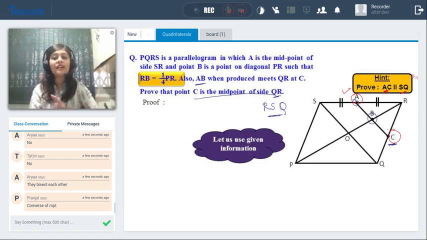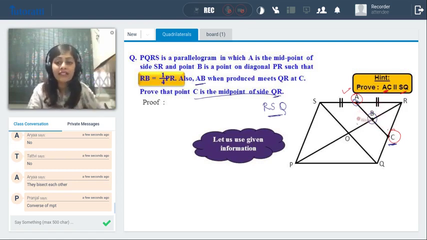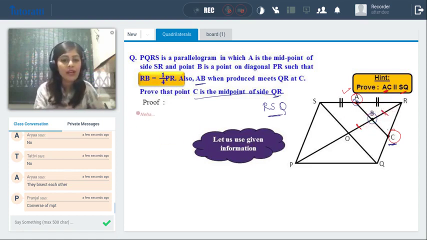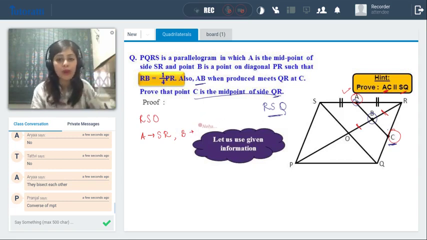For that, let's use the information that we have just now collected. We already saw that B becomes the midpoint of OR. So can I say OB equals half of OR? Yes, obviously. Let me apply the midpoint theorem on the small triangle RSO, where I know that A is the midpoint of SR. Please understand the arrows show midpoints.